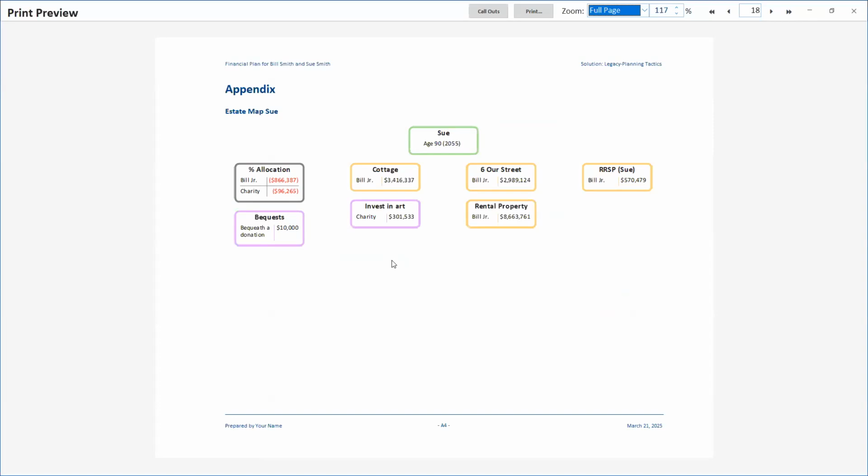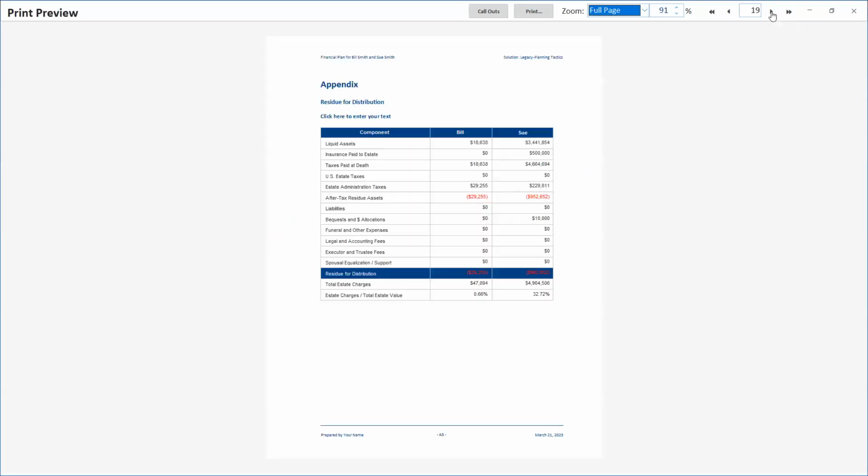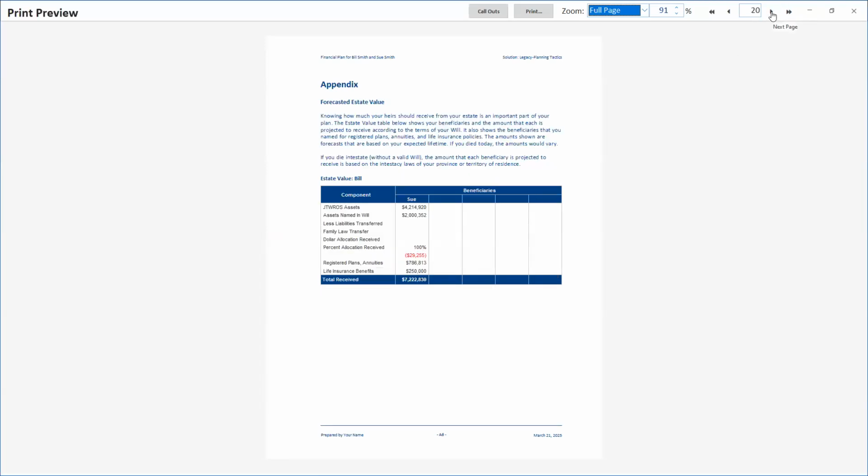There's a charitable bequest we looked at, and then the art's going to charity, the cottage to Bill Jr., the house, the rental property to Bill Jr., the RSP to Bill Jr. So this summarizes the effect of the estate planning or legacy planning tactics that we applied as compared with who's supposed to get what under the terms of the will. And then you can see the effect on the residue for distribution.